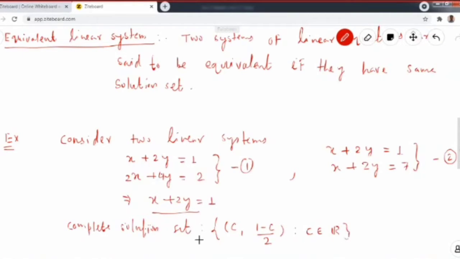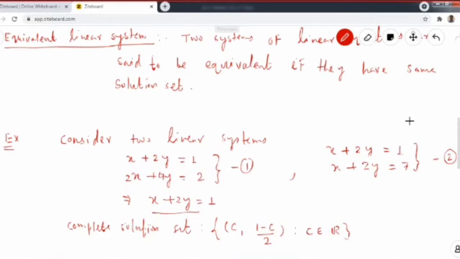This is the complete solution set for system 1, because c is arbitrary, so there are infinitely many real numbers, and for any real number the corresponding ordered pair will be a solution.